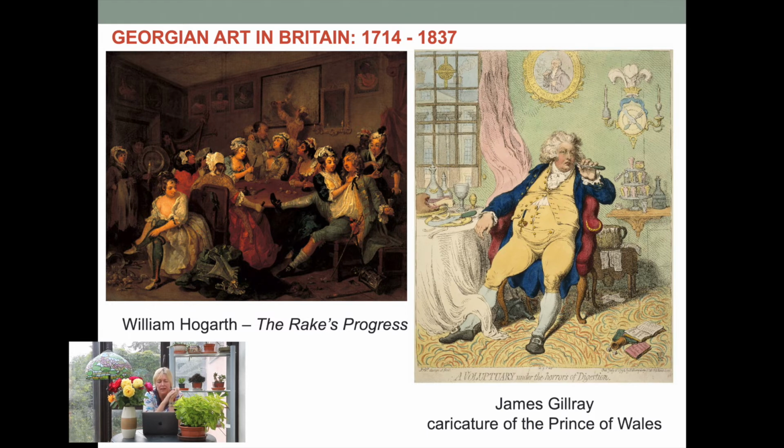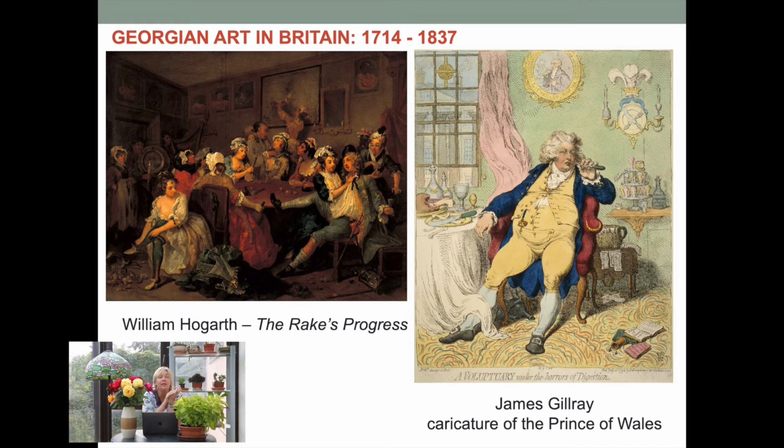So Georgian art in Britain means the period of the reign of the Hanoverian dynasty before Queen Victoria comes to the throne in 1837. It's quite a long period, as you can see. Sometimes it's called the long 18th century.